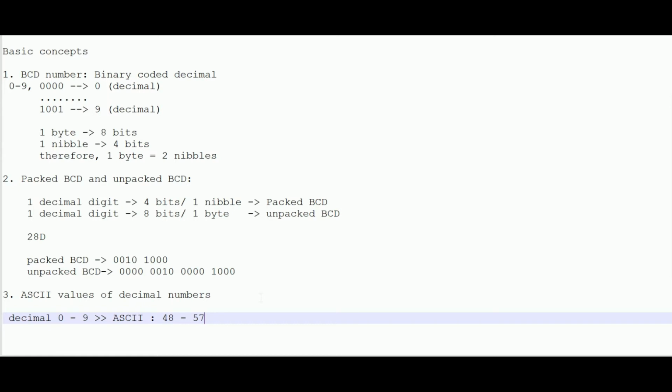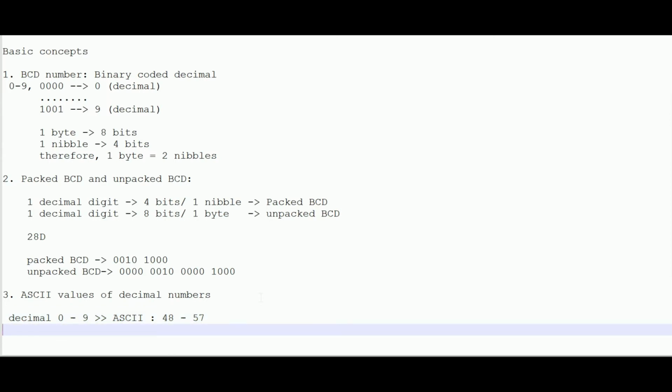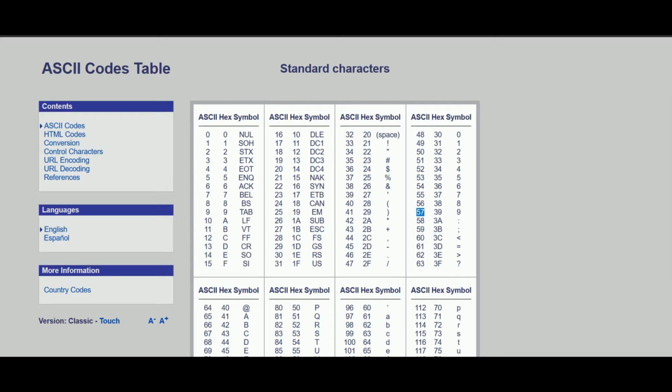When we key in from our keyboard any number like 0, 1, 2, 3, they get converted into the equivalent ASCII format and get stored. But when it is stored in memory, it is stored in hex value. So storage is done in the ASCII equivalent of hex form. So what is the hex form? Let us see that. 48 decimal is 30 hex and 57 decimal is 39 hex, and so on.